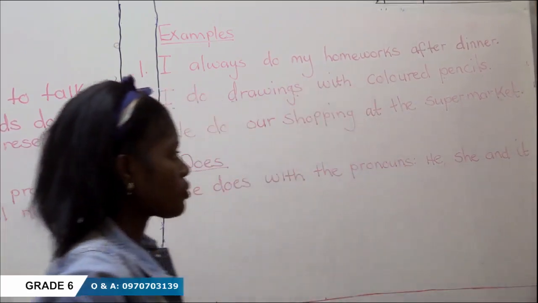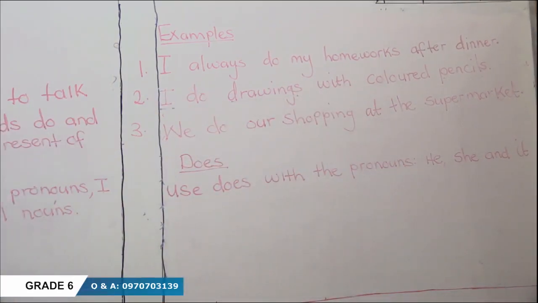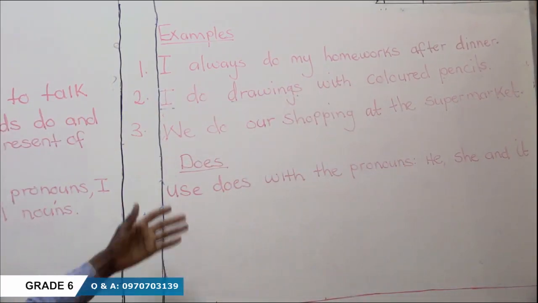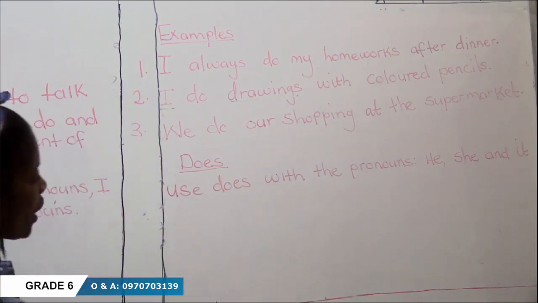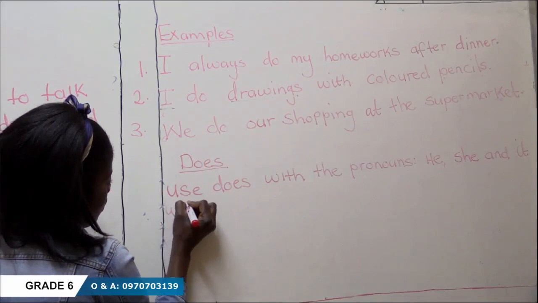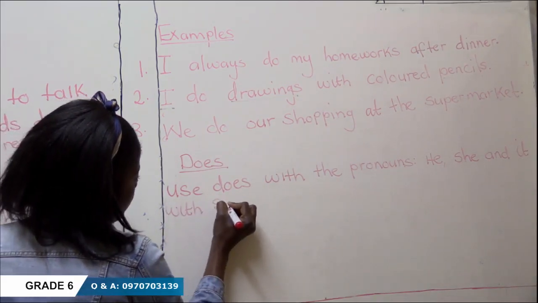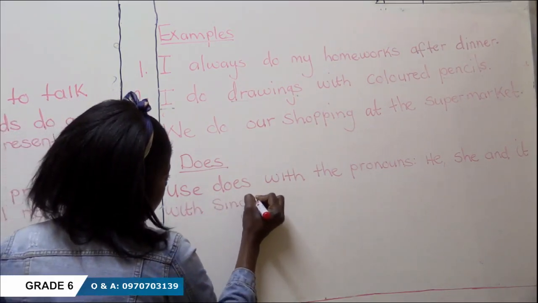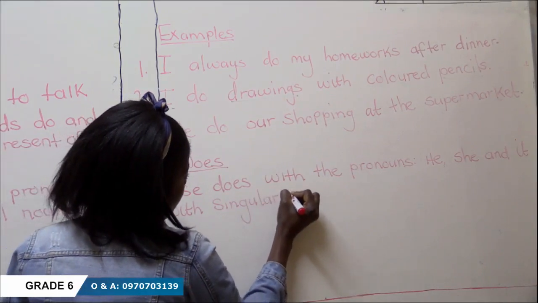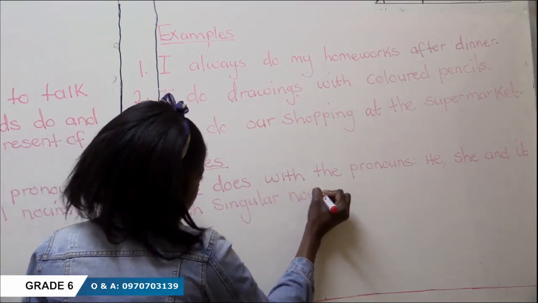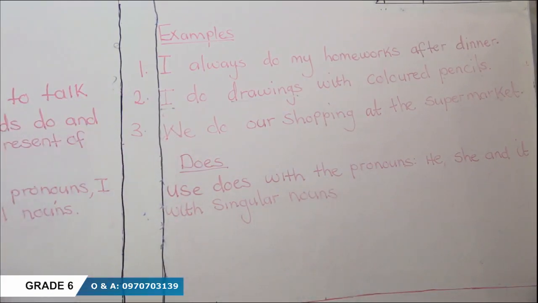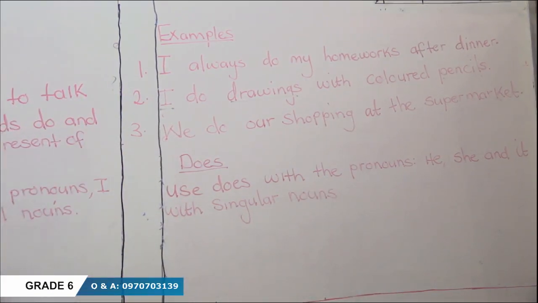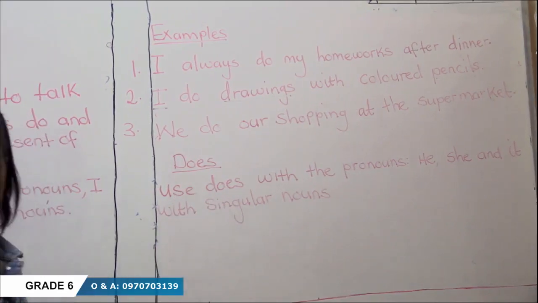So these are some of the pronouns which we use when we're talking about the verb does. He, she, and it with a singular noun. So this one is singular, meaning you're just talking about one thing.